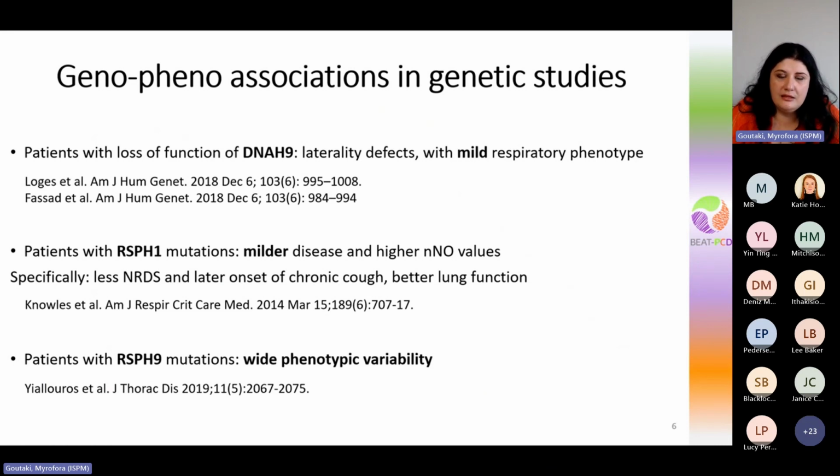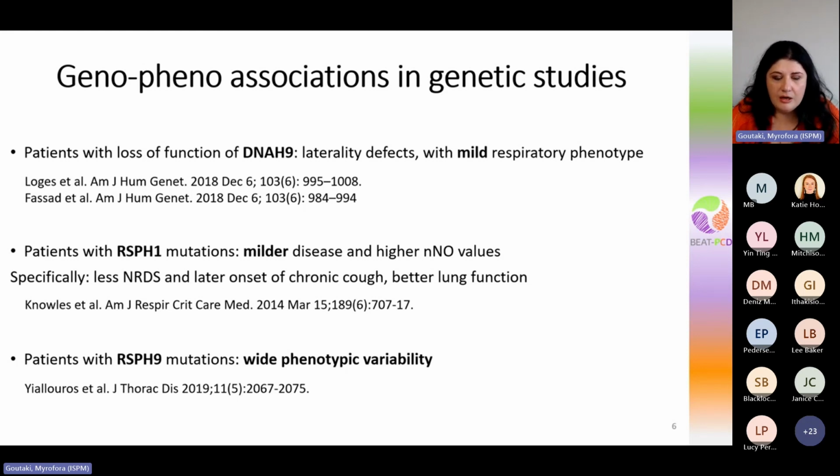The first studies that started and still continue assessing genotype-phenotype associations are actually genetic studies that describe new genes, and usually they focus on a specific population of patients with a specific newly described mutation, study if this mutation exists also in the family, and then describe with as much detail as possible the functional phenotype, the ultrastructural defect, and the clinical phenotype.